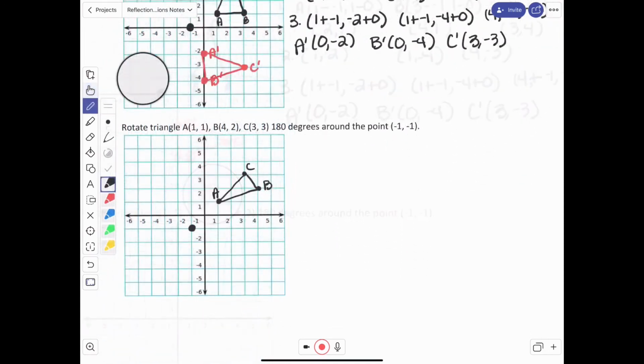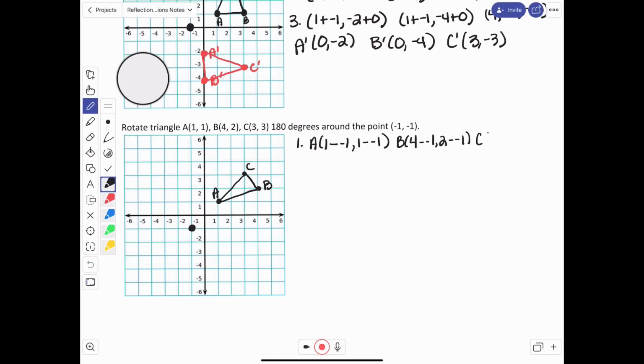Okay, last one, we've got our points plotted, and we're going to do it around the point -1, -1. So for step 1, what we want to do is, remember, you want to subtract those points. So for A, we've got 1 minus -1 and 1 minus -1. For B, we've got 4 minus -1 and 2 minus -1.